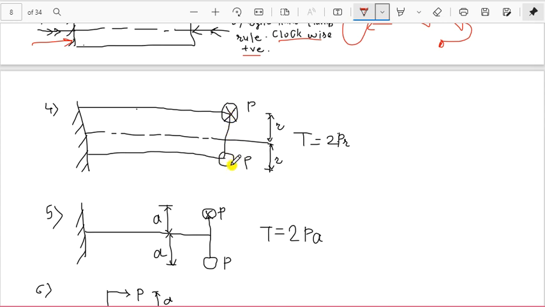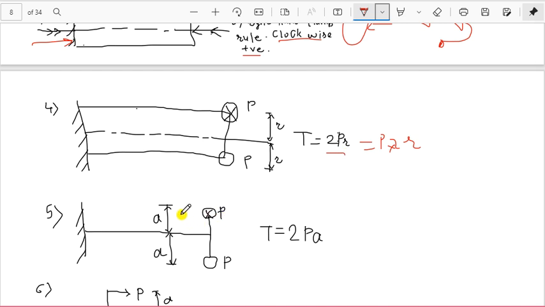That means the direction of this P force is opposite to the upper force P, so that you can understand or consider that they are producing a couple of forces which are acting in opposite direction, and the symbol P represents they are equal in magnitude, so that they are creating a torque equal to 2R into P, or P into 2R, as this distance between them is R plus R. Okay.